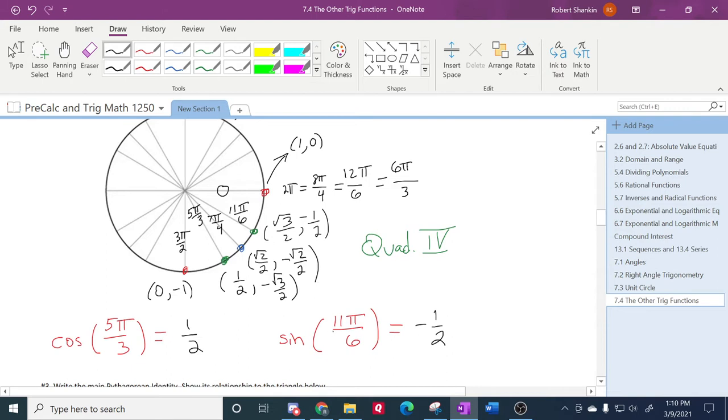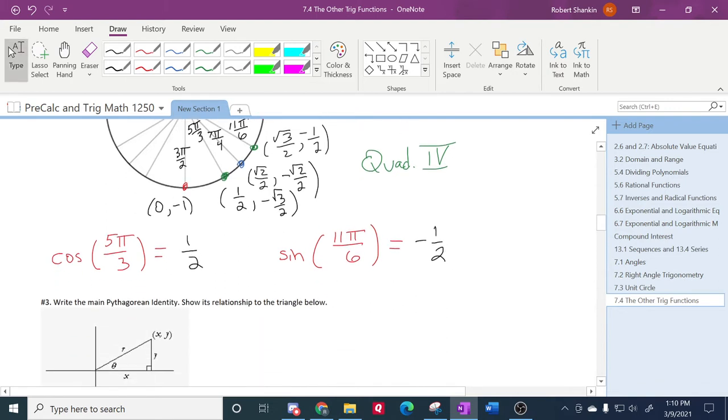When I have to do sine of 11 pi over 6, how I do it is I make a tiny little unit circle and I go around a full 2 pi, and then I say, oh, now that would be 12 pi over 6.